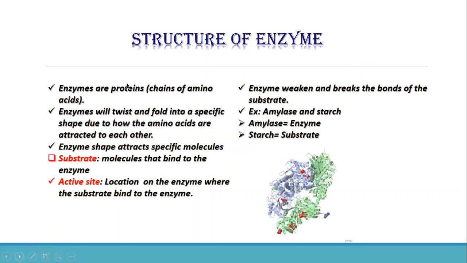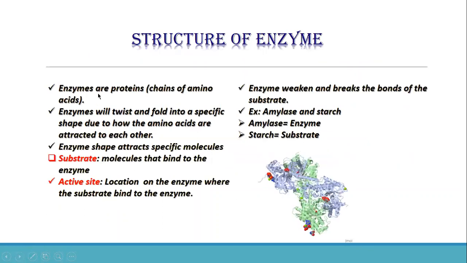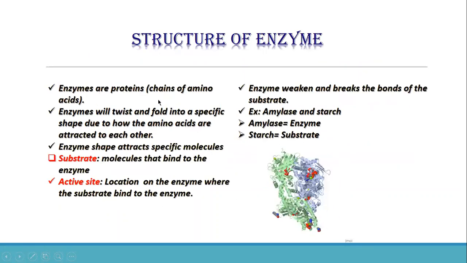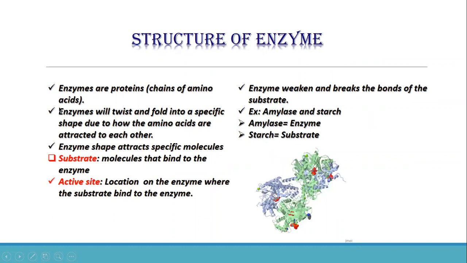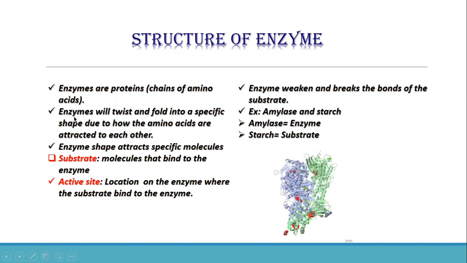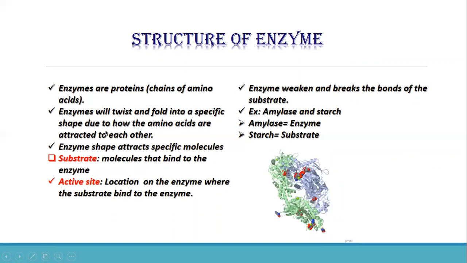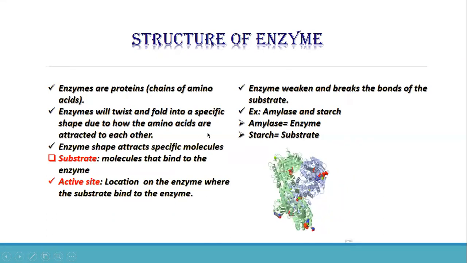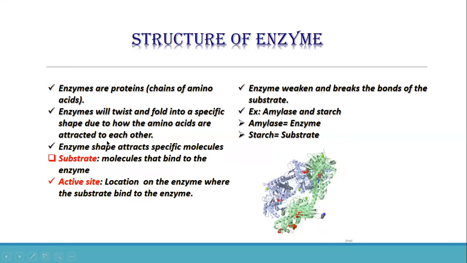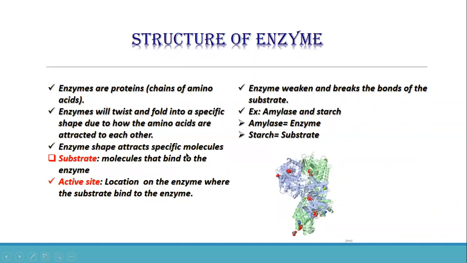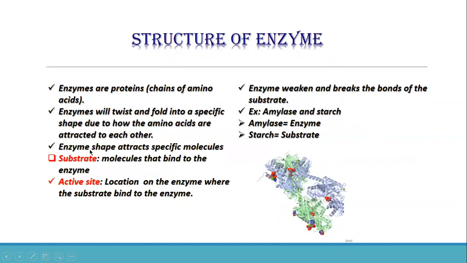Structure of enzyme. Enzymes, as we know, are made up of proteins, chains of amino acids. Enzymes twist and fold into a specific shape due to how the amino acids are attracted to each other. Enzyme shape attracts specific molecules.